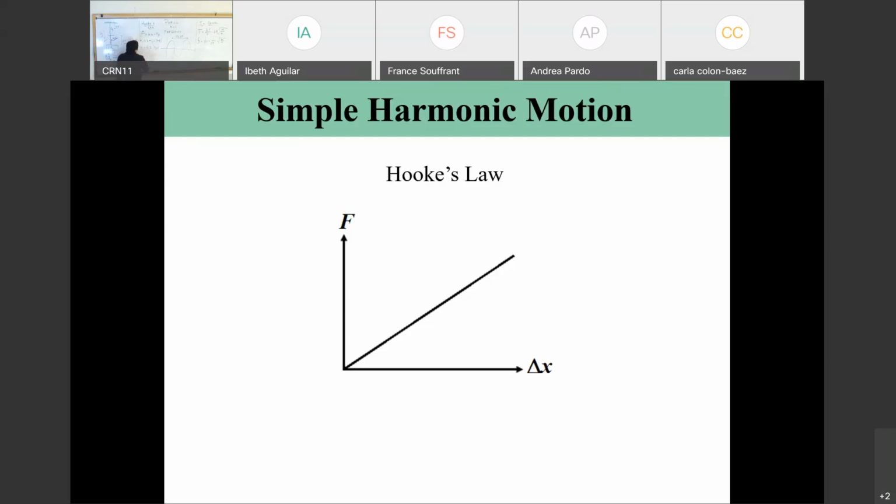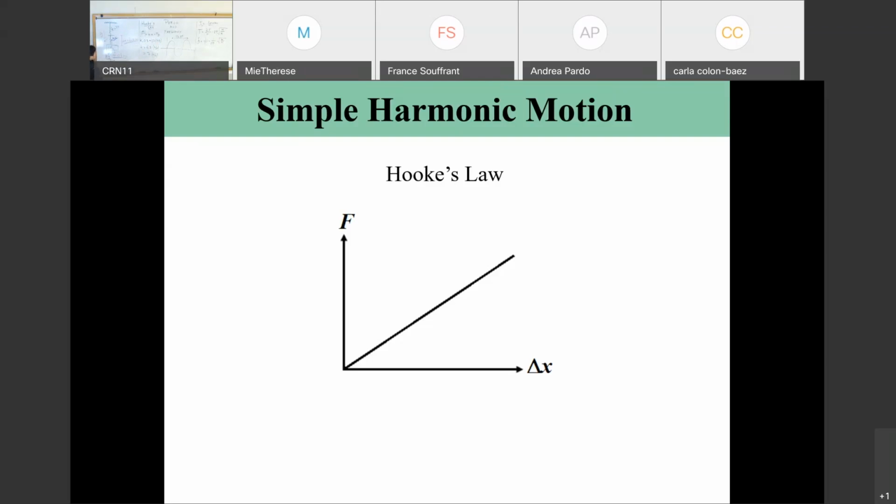That's fine. You can write it as 7 newtons per meter if you round. So that's how you get k, right? Kx, Hooke's law, equals mg in a vertical spring.